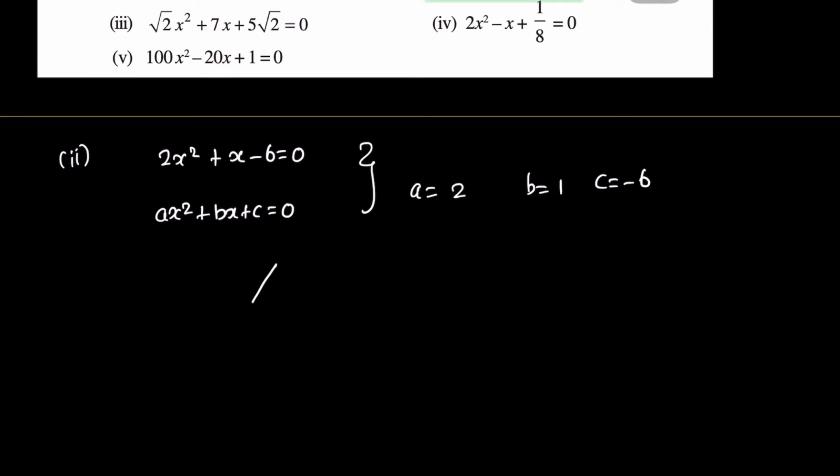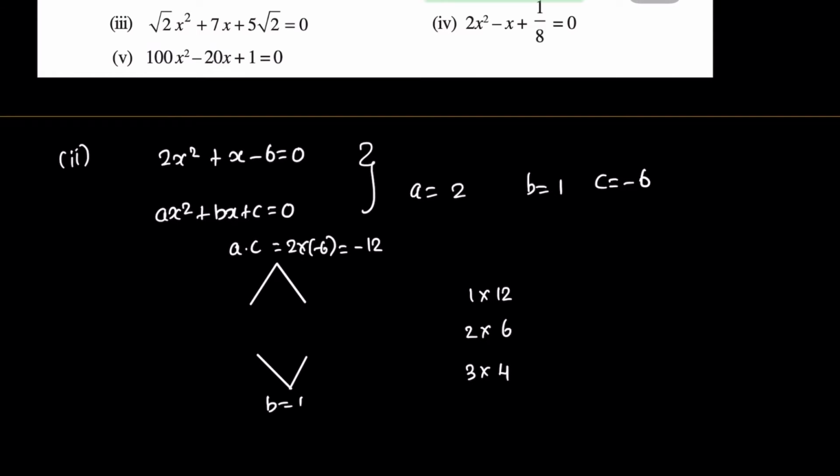So using the splitting middle term concept, this is the product of a and c and the b position. a times c, that is 2 times minus 6, is minus 12. So what are the possible options? 1 and 12, 2 and 6, 3 and 4.